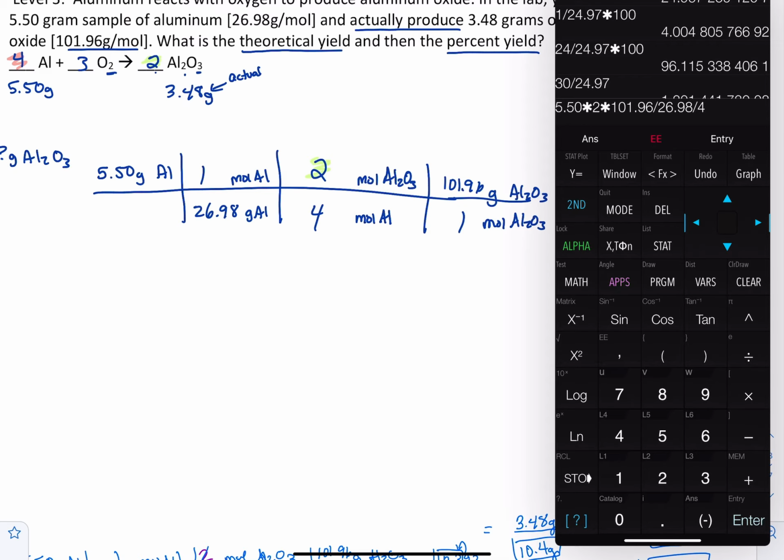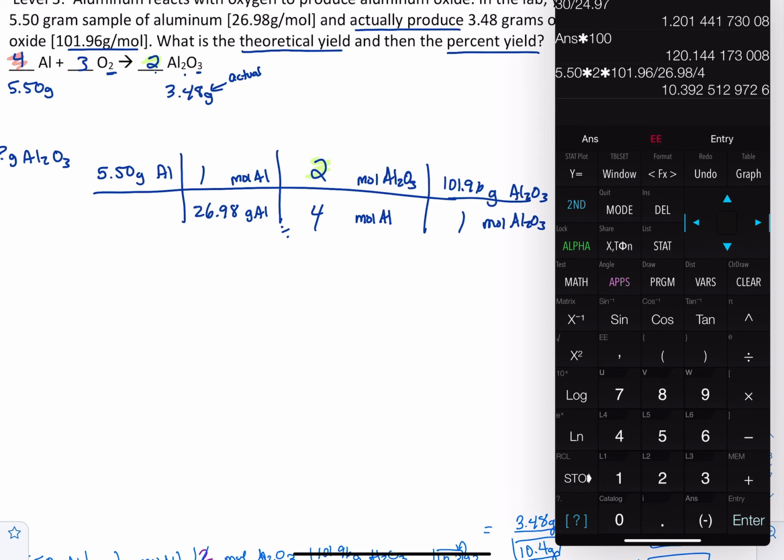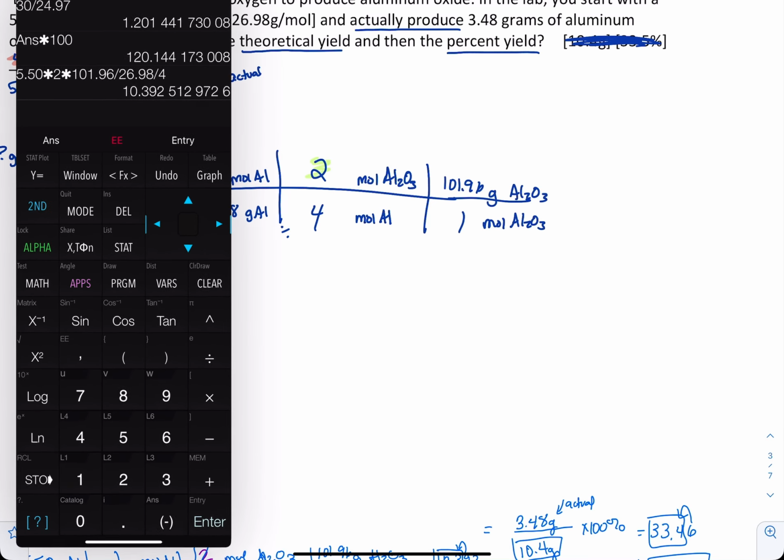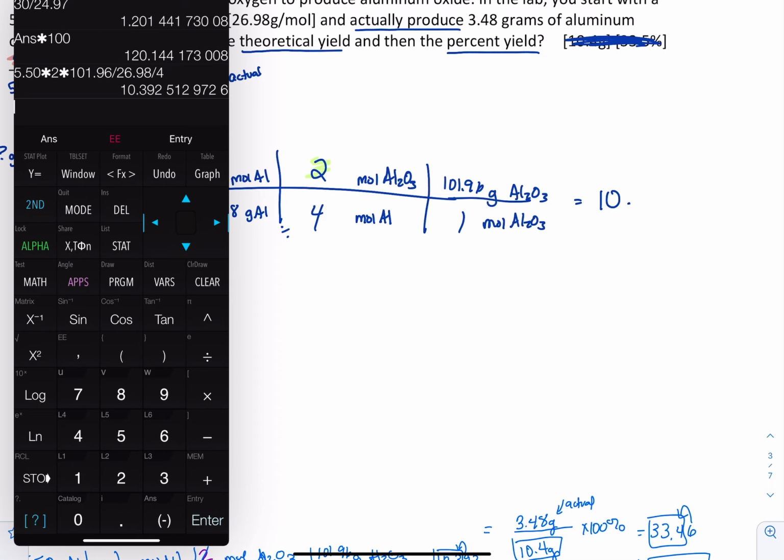There we go. I left out the little divided by symbol right here. And so that gives me 10.39 grams of Al2O3.